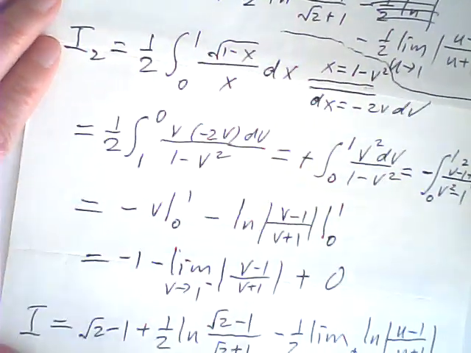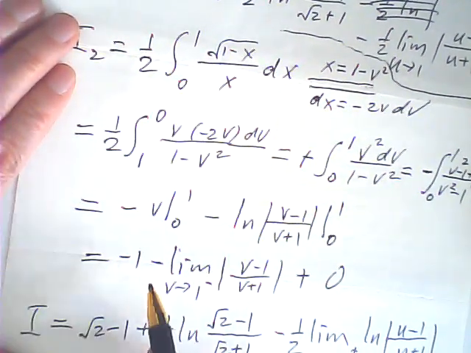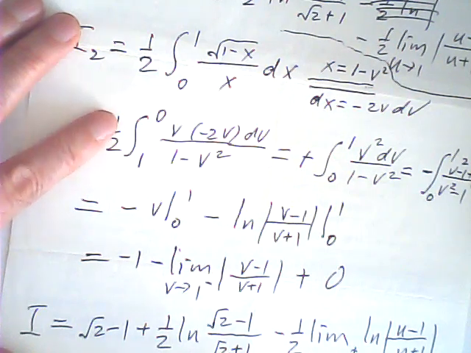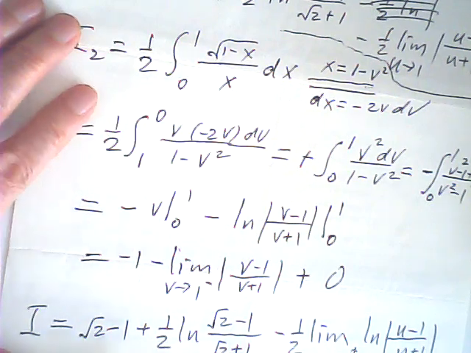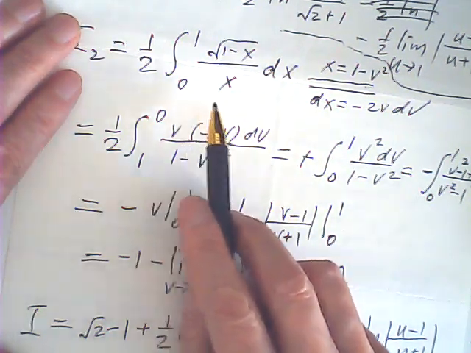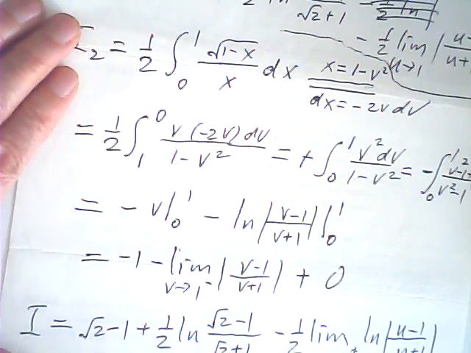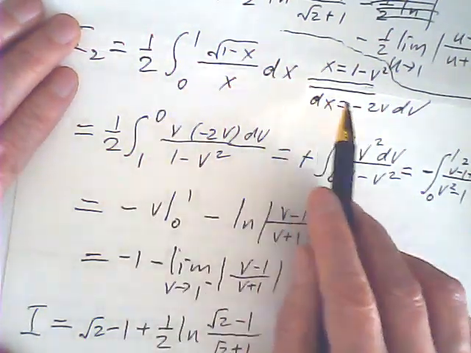This is I2. So it becomes plus 1 plus the limit as v goes to 1 of log of v minus 1 over v plus 1. So I have a half here, right? Yes, I have a half.